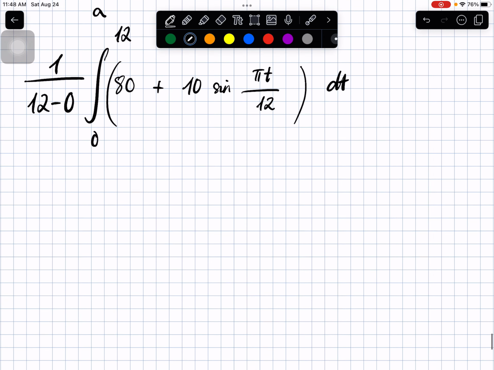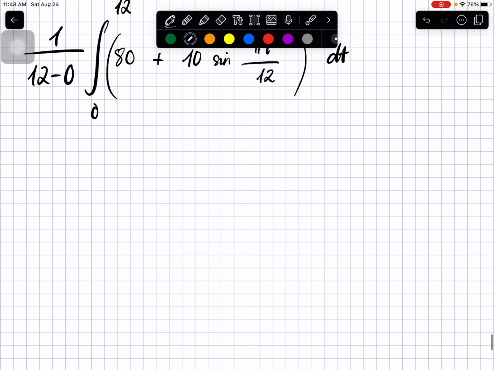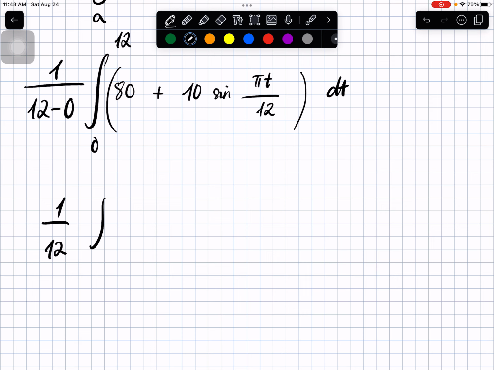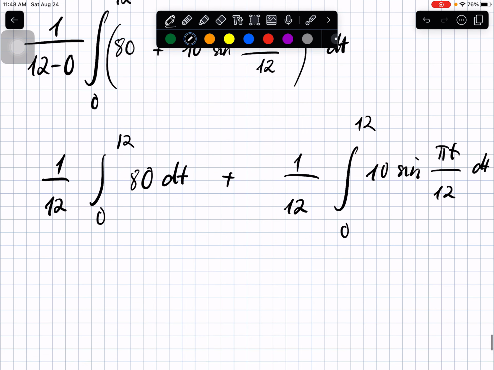Okay, so now we have 1 over 12 times the integral from 0 to 12 of 80 dt, plus 1 over 12 times the integral from 0 to 12 of 10 sine of pi t over 12 dt. The first one is the easy one, so let's compute it first.